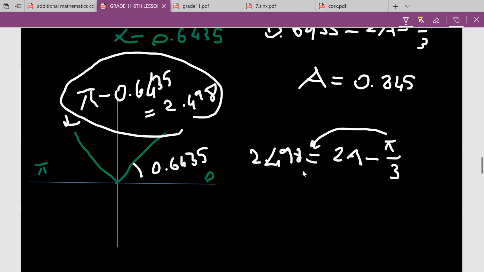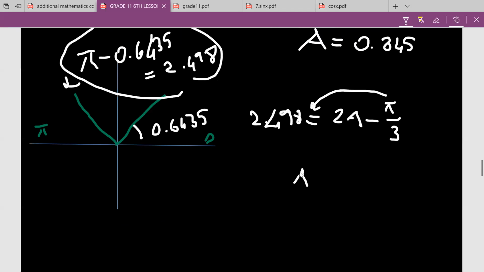When you simplify, 2a equals 2.498 minus pi over 3.